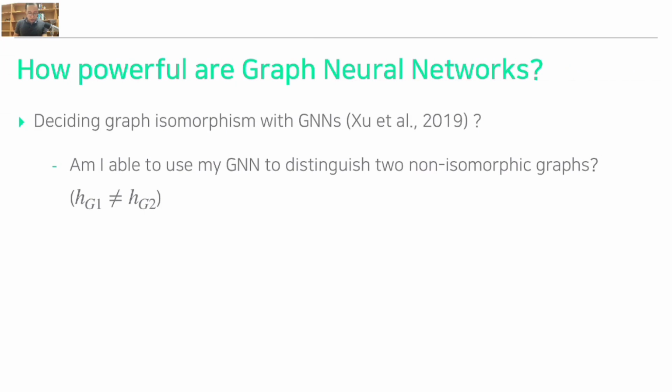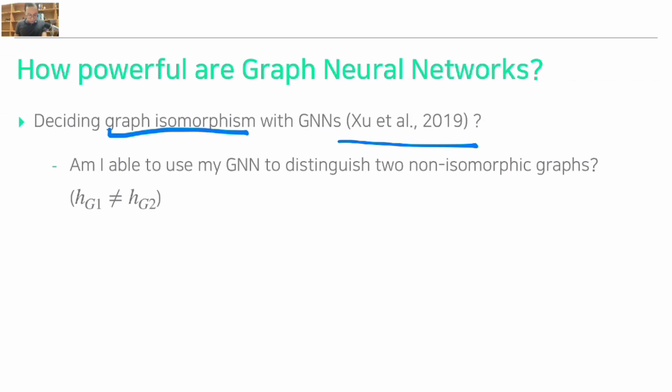So let's start with how powerful graph neural networks are. In the ICLR 2019 paper, the authors are talking about the expressive power of GNNs, and they found that it is deeply related to the graph isomorphism test.